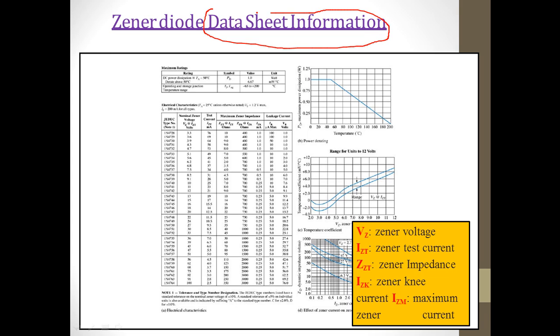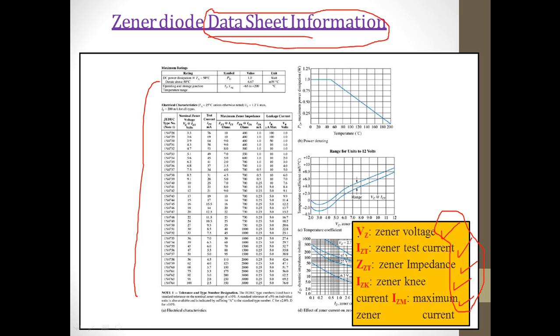So before buying the diode, you have to look at the data sheet, and in the data sheet, you have to look for some quantities, and those quantities are basically VZ, IZT, ZZT, ZK and IZF. These are the quantities that you look for before buying the diode.